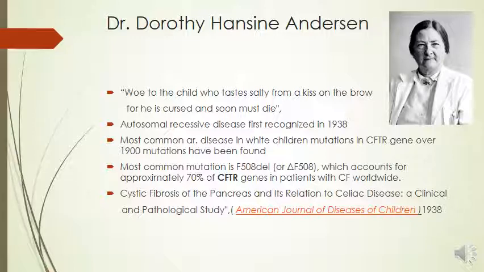Dorothy Hansen Anderson discovered the disease, and she wrote of cystic fibrosis in the American Journal of Diseases of Children in an article called Cystic Fibrosis of the Pancreas and Its Relation to Celiac Disease, a Clinical Pathological Study. And the year was 1938.